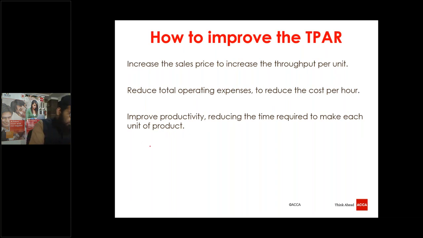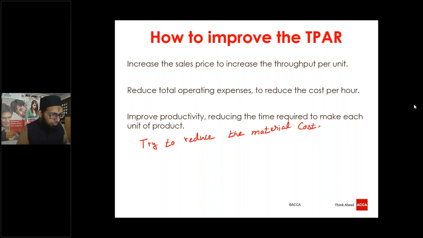One of them is missing. We can also try to reduce the material cost, of course, if possible. Yes. Thank you. I had missed that advice while making my slides.